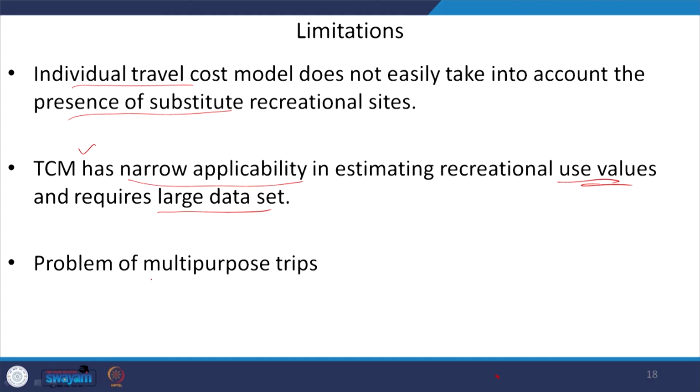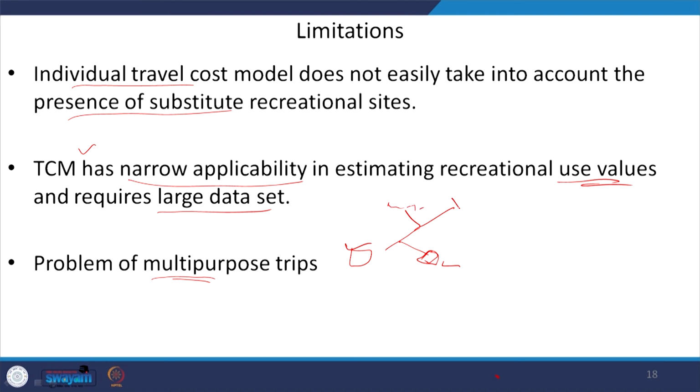So, what are multi-purpose trips? Suppose you are paying a visit to this national park, and during the same trip you also meet your friend, which you had already planned, or during the same trip you also plan to attend a marriage function of your cousin, right.